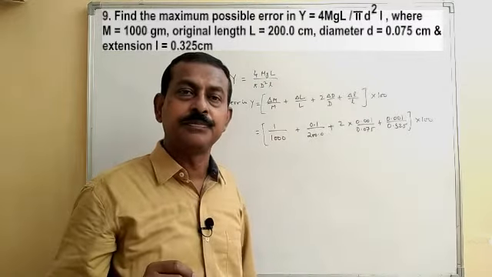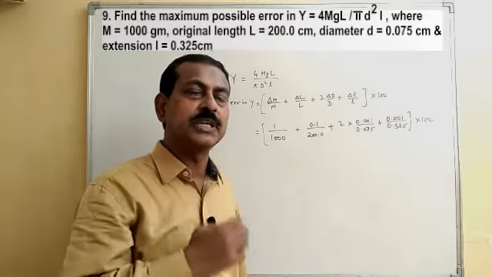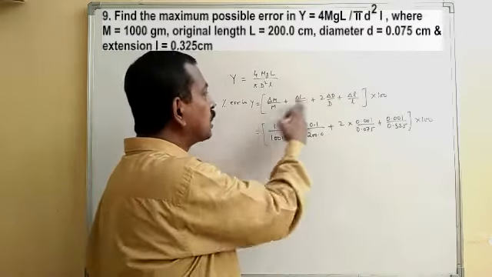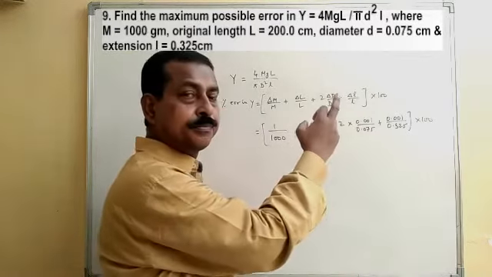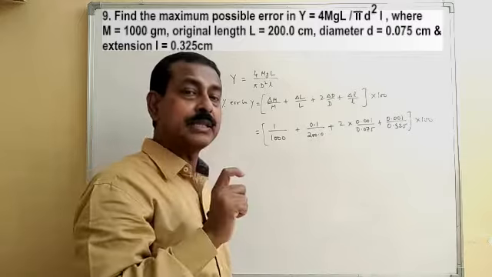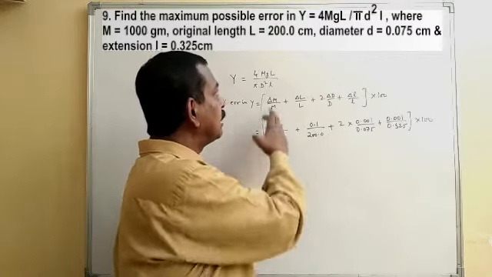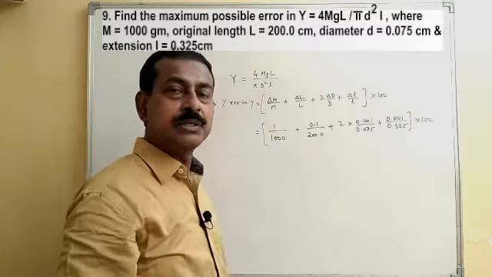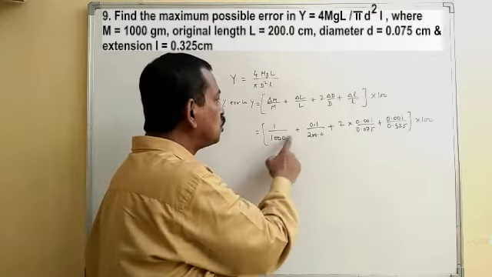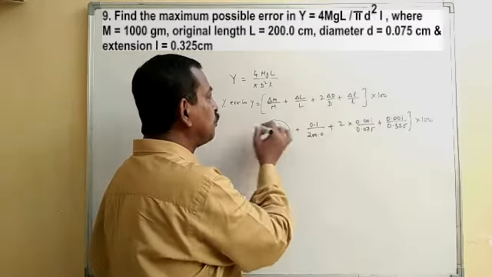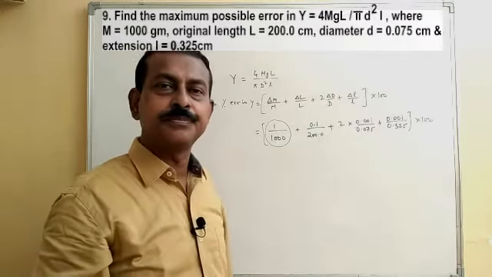We just put the value of g there. That is why it does not come in the error. In the expression for Young's modulus you will have it, but when calculating error, g is not there, 4 is not there, pi is not there. In the same way, this term should also not be there in the expression for maximum error.